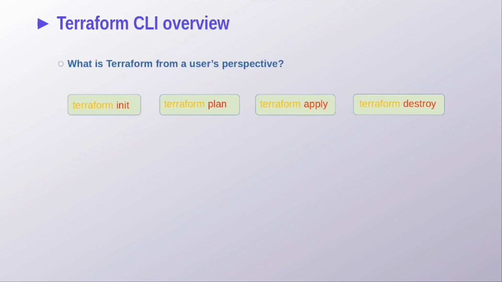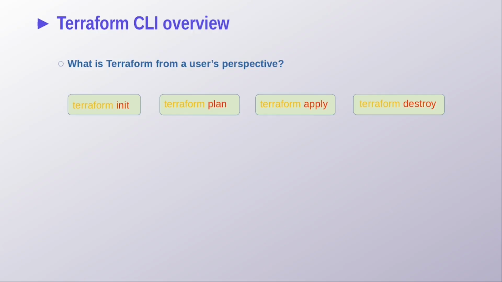Terraform CLI. What is Terraform from a user perspective? From your point of view, Terraform is a command line tool. That means you do not click buttons. You do not use a web UI.